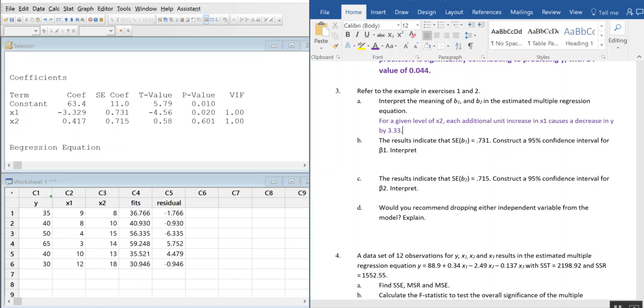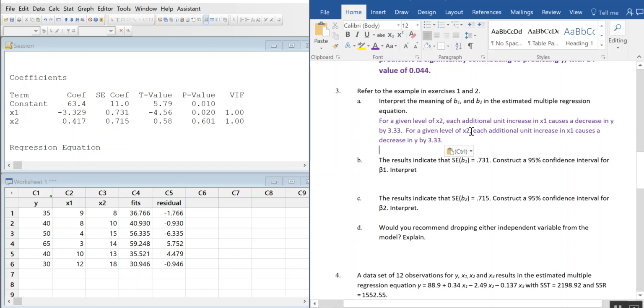Anyway, here's where I'm going to totally be cheap. I'm just going to copy this and paste it accordingly. So now I'm holding x1 at a specific value and looking at what x2 does. Well, the x2 slope is positive, so I'm going to change decrease to increase.